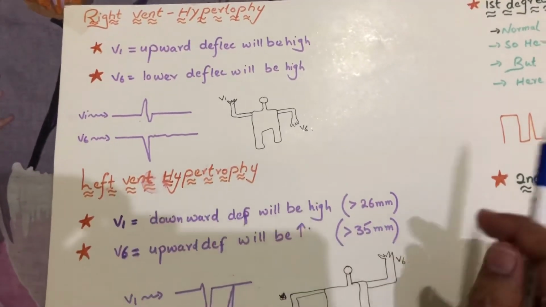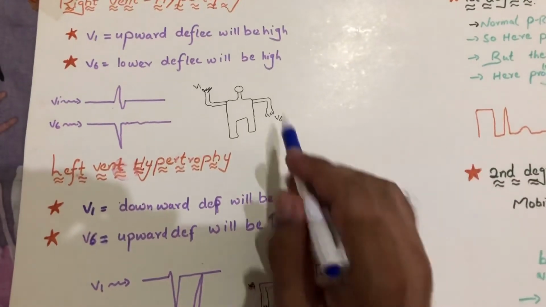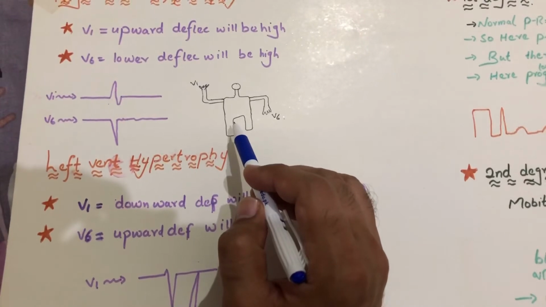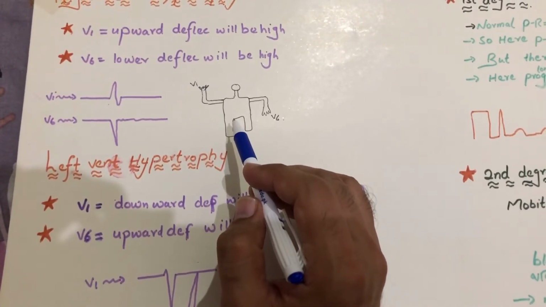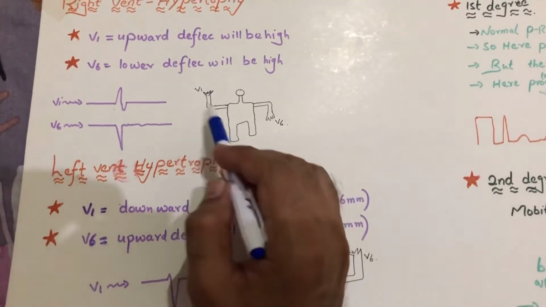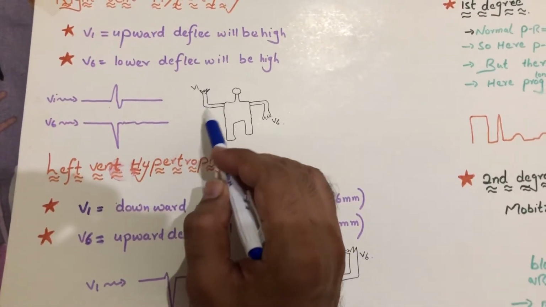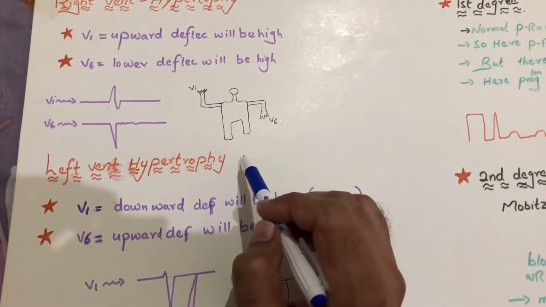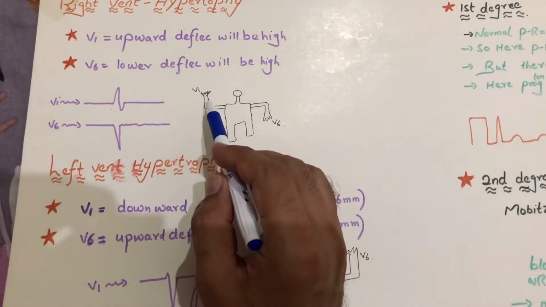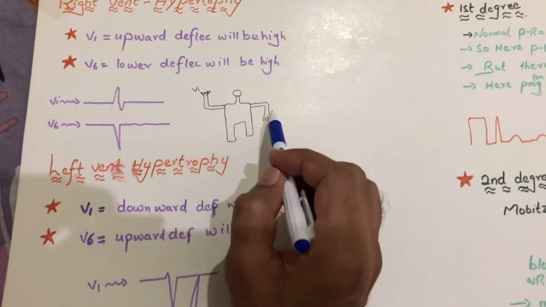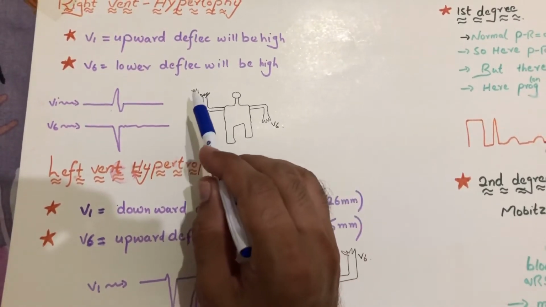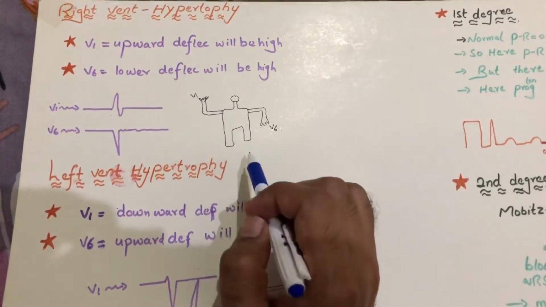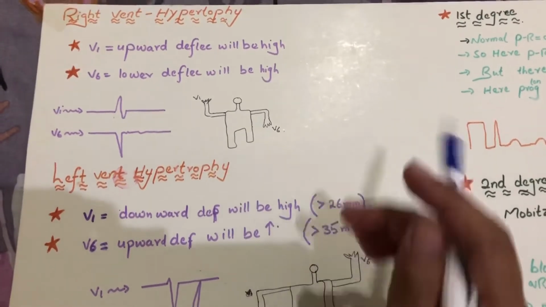Or let's consider there is a person standing here. It's a very good and simple example. That's how you can diagnose right and left ventricular hypertrophy. Let's consider his right arm is showing V1 and his left is showing V6. If the right arm goes up and the left goes down, it means V1 is upward deflected and V6 is downward deflected, this is right ventricular hypertrophy.